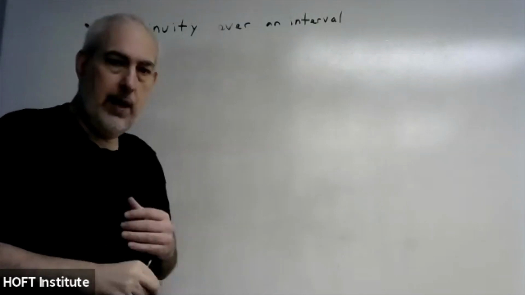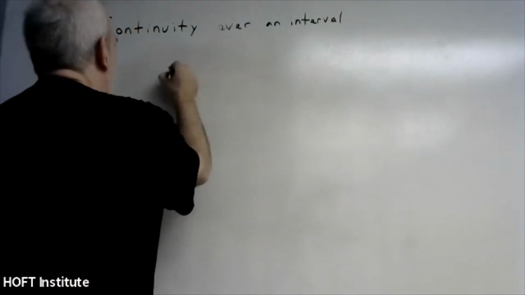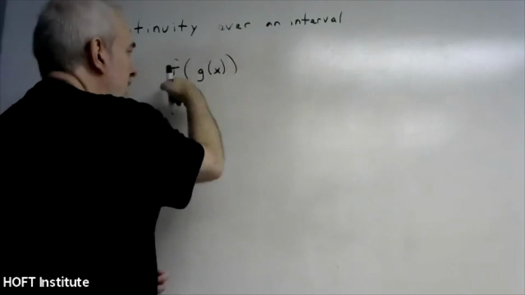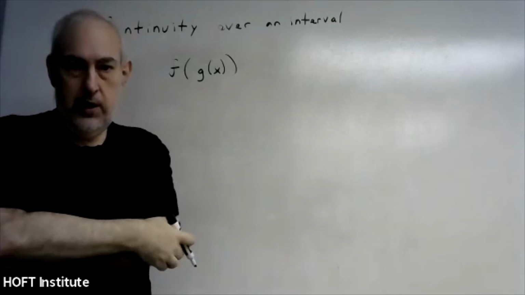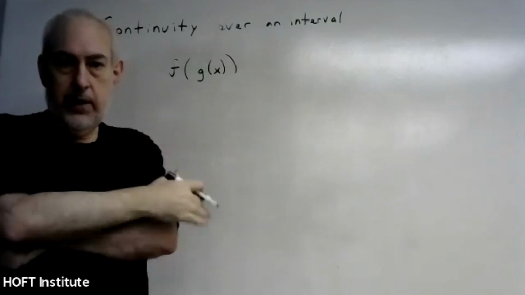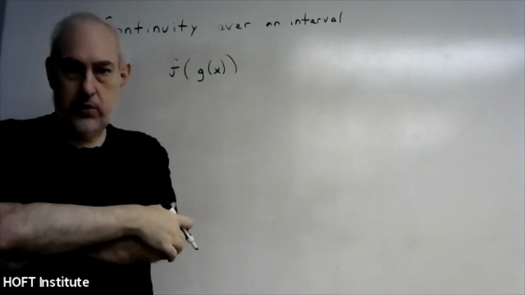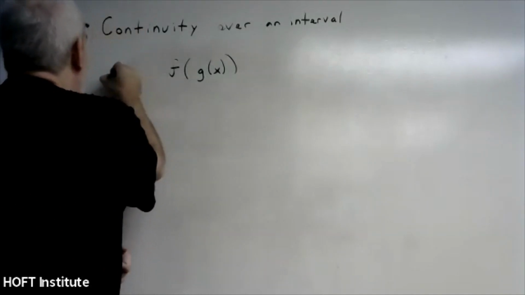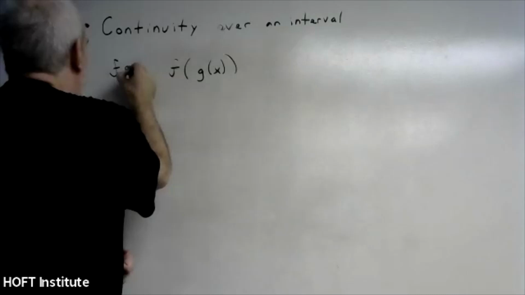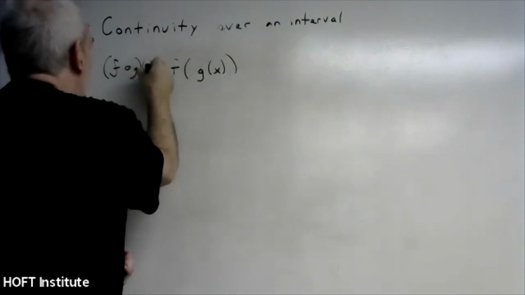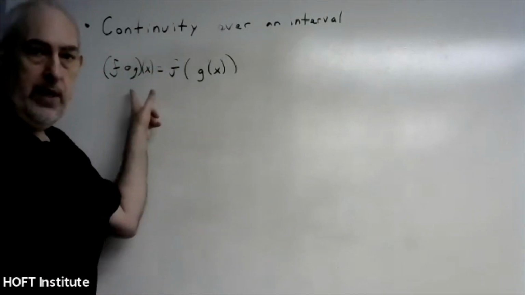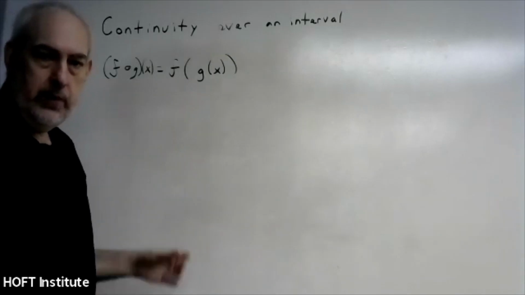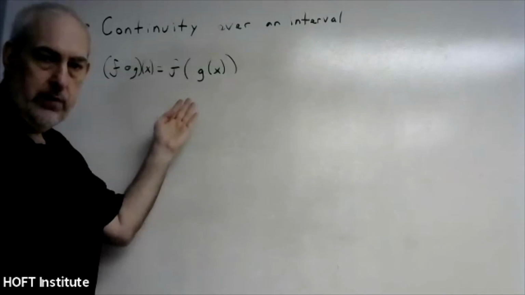So a composite function is one in which you have 2 functions, and then you put one function inside of the other function. So f of g of x is an example of a composite function. And there is a special symbol for composite functions. It's a little open circle. So you would say that f circle g of x equals f of g of x. This is a composition of 2 functions.